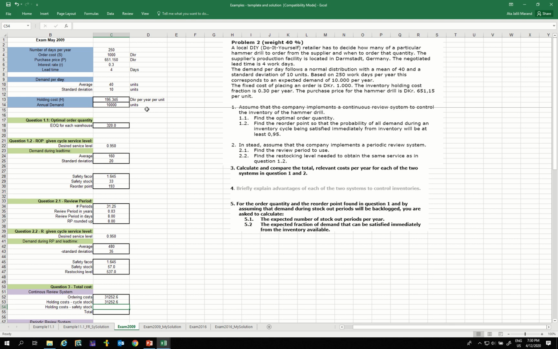Then we also need to calculate the holding cost for the safety stock, and it is simply the safety stock that we'll keep in the first model, multiplied by the unit inventory holding cost. And the total cost of the system is simply the summation of these three costs.